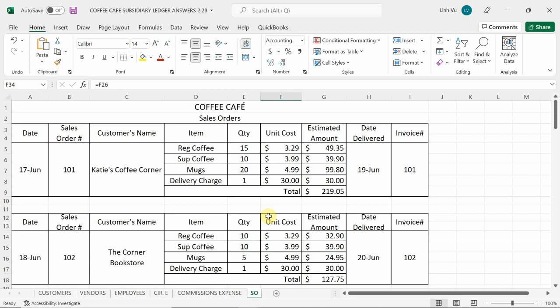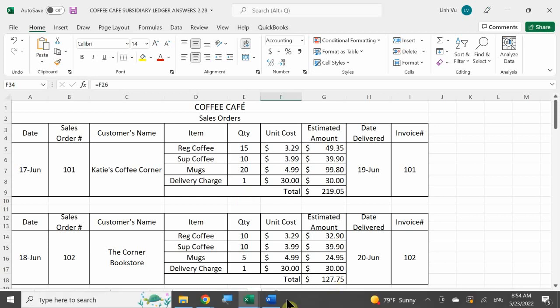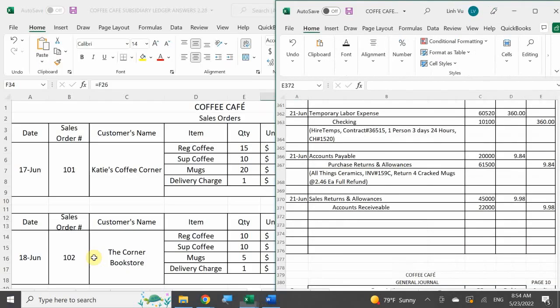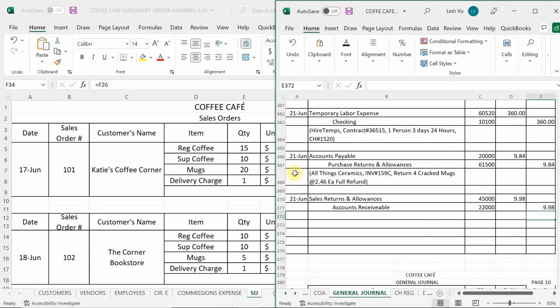Why? Because to us, she's our customer. We're selling to her as a wholesaler. So in this case, she gets tax exempt. So there's no tax that needs to be involved here. I'm going to be issuing a refund for $9.98.